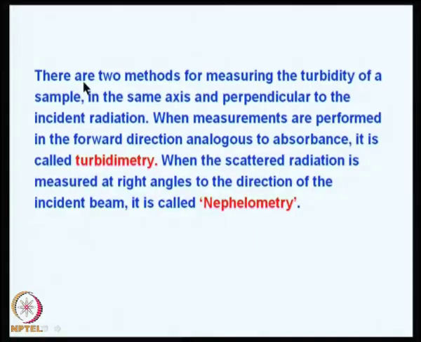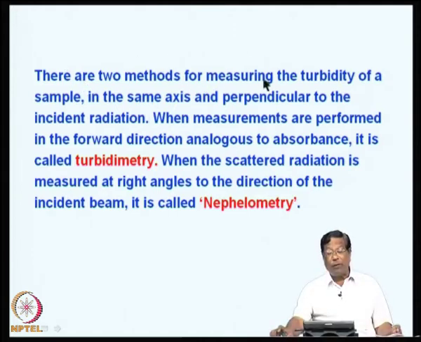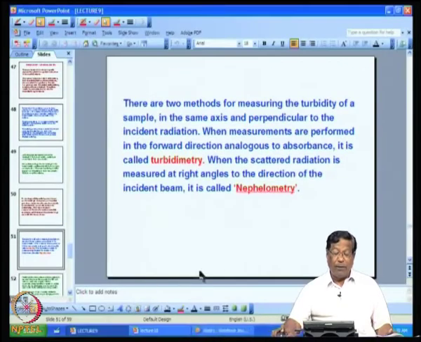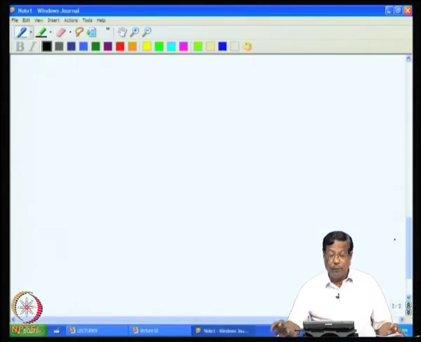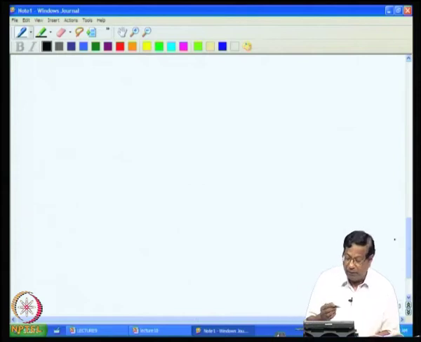Now, under these conditions, there are two methods for measuring the turbidity of a sample. One is in the same axis and another is perpendicular to the incident radiation. Now, I will show you a very simple arrangement for how you can measure the absorbance.